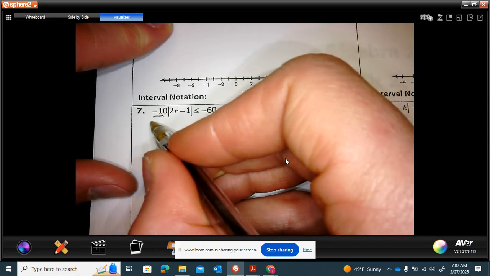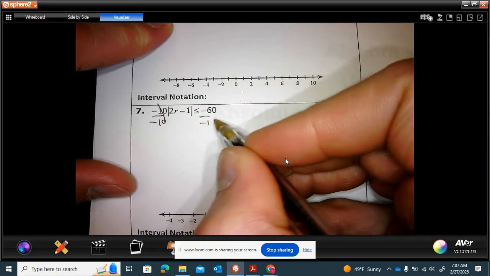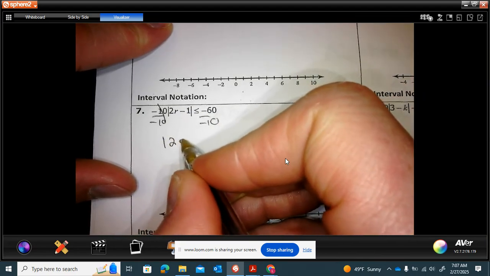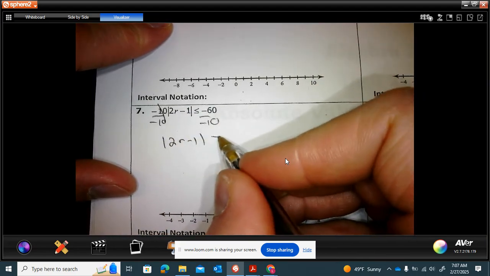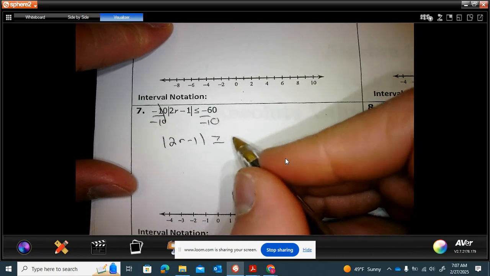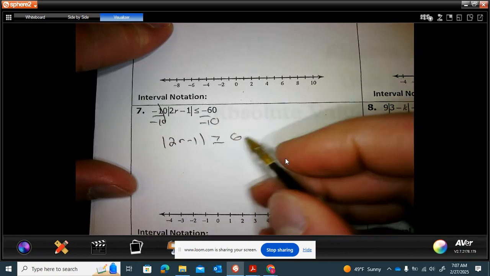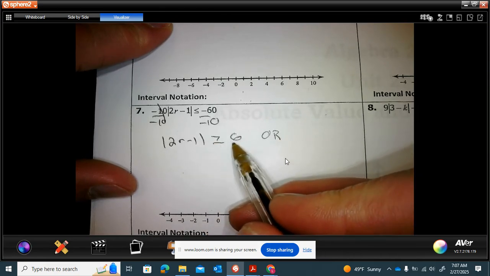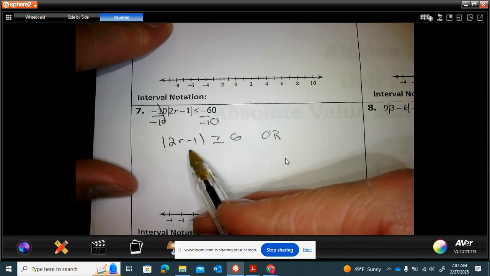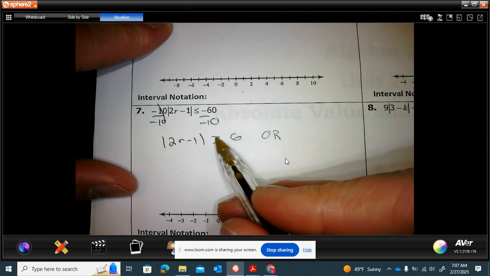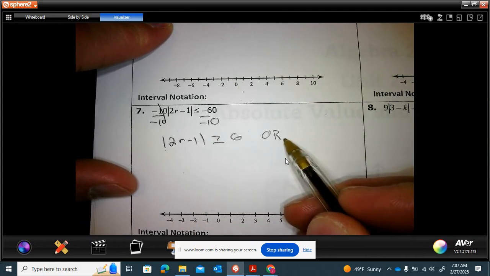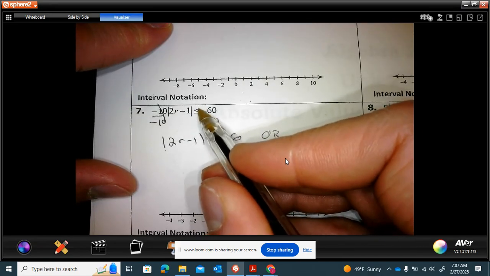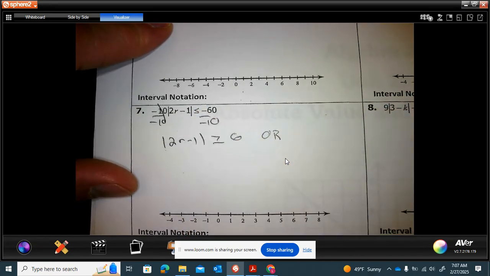But when you divide by negative 10 to get the inequality isolated, it flips the symbol, and now it's actually an or because greater than means or. So once the absolute value is by itself, then you could look at your symbol and determine which one you have. You can't make that decision right away until you isolate the absolute value.